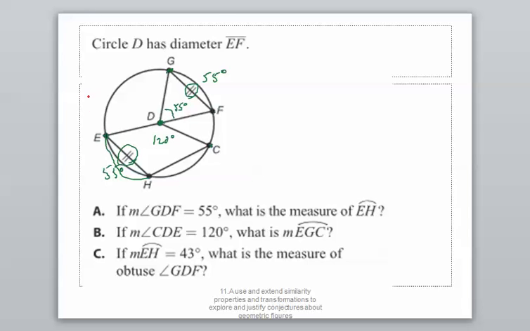Okay, so this arc here from E to C, that arc is 120 degrees. And they're asking me about this arc here in blue, EGC. Well, that's the rest of the circle, isn't it? So I could actually take 360, because that's the whole circle, minus the 120 and get 240 degrees, and that would be the measure of that arc.